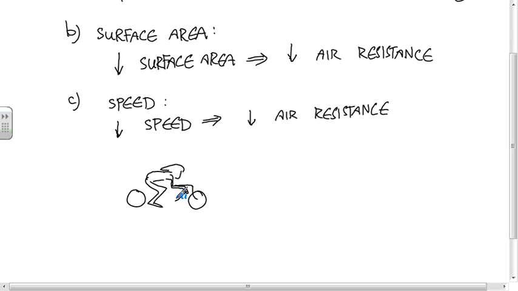I should have practiced this. Okay, something like, they don't do that. That's actually a scooter. But anyways, in the time trials, they look like this, essentially.